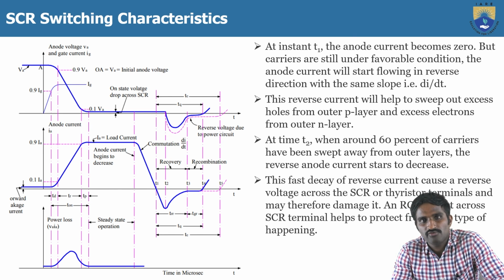The turn off process we cannot control using the gate signal or any other terminal of the SCR. So you have to connect an extra circuit called a commutation circuit to turn off the thyristor, and the time taken by that circuit is called the circuit turn off time, and for the device alone, that is the device turn off time.